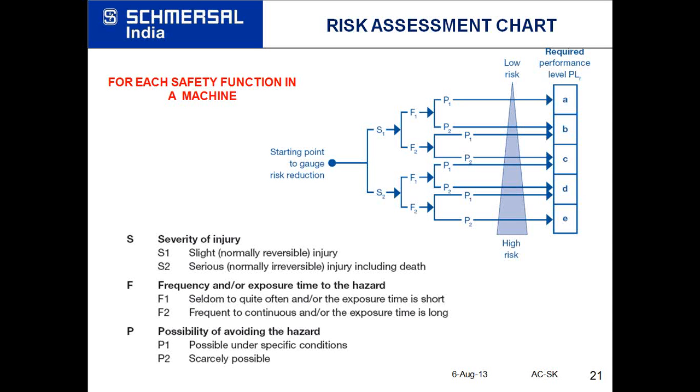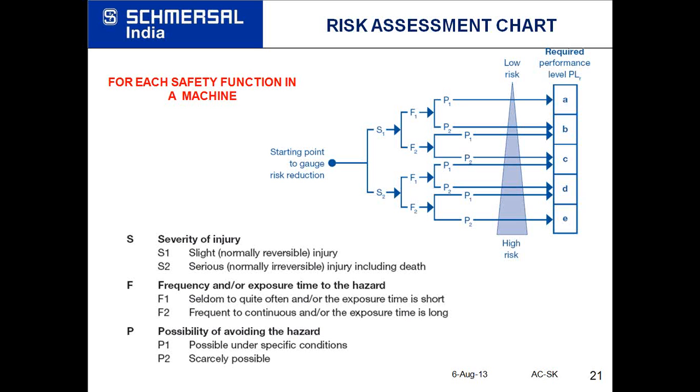Then frequency or exposure time to the hazard. If we are frequently exposed to the hazard, then the risks are very high. But if we are not exposed to the hazard, the risks are low. Similarly, if there is a hazard and we are able to avoid it by means of putting a barrier or fencing or a safety device, then the risks are low.